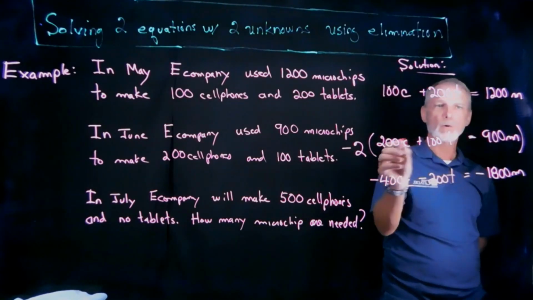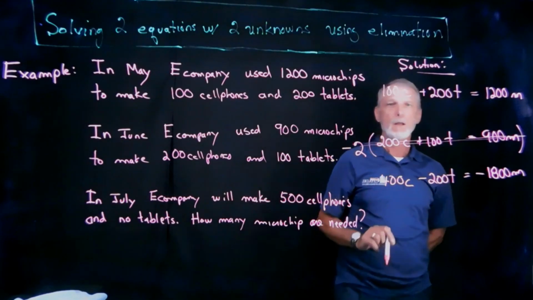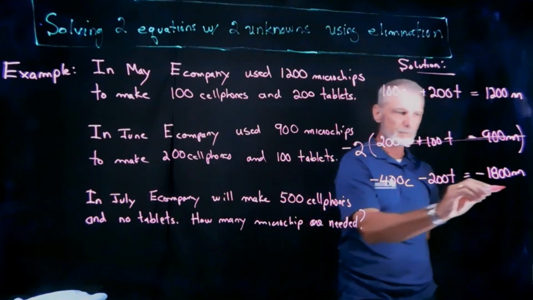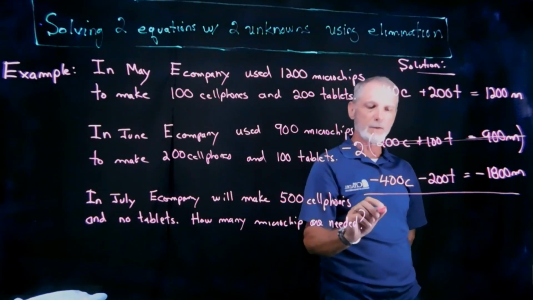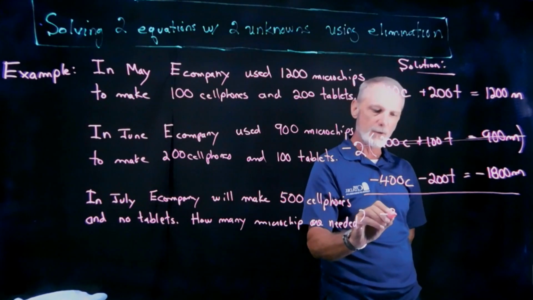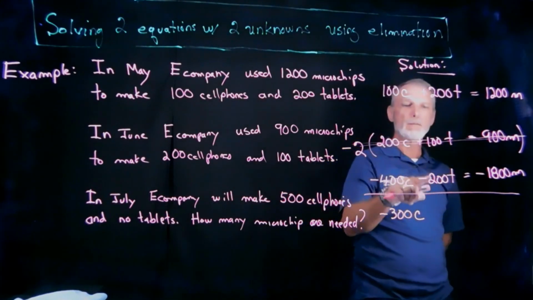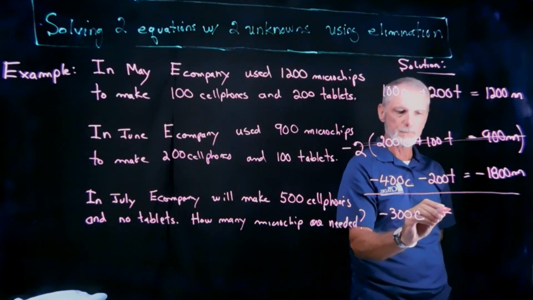So this is our new equation. We can get rid of this one. We don't need it anymore. And now, you see, if we add that equation to this equation, we'll get a third equation. We get 100 plus minus 400 is minus 300C. We'll get 200T minus 200T, so the T's will cancel out, so I won't write those down.